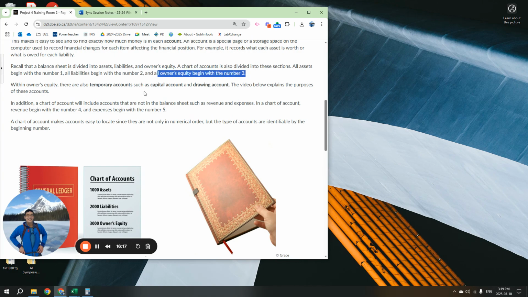So ideally, you have 3-digit account numbers, or sometimes 4-digit account numbers. Those are the 1s, 2s, and 3s. And later on, we'll talk about temporary accounts such as capital accounts and drawing accounts. When we get there, the revenue accounts will have a number 4, and expense accounts will start with number 5.